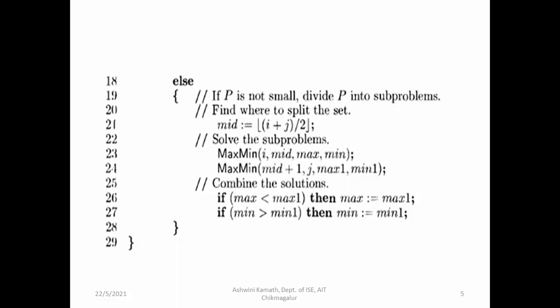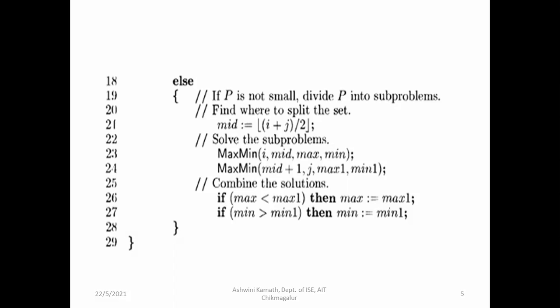Once you get max, min and max1, min1, combine the solution. You can notice here we are combining the solution. If max is less than max1, then the maximum value will be max1.